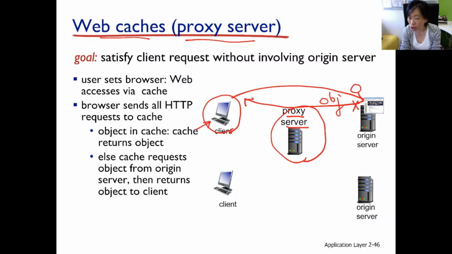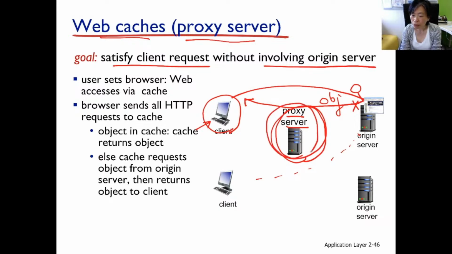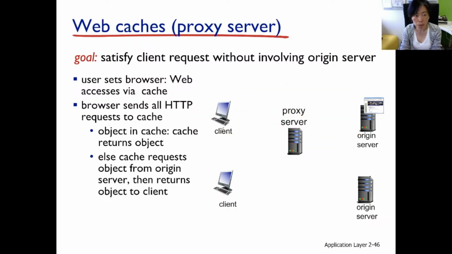But in web caches, the goal is to satisfy some client requests such that no involvement of the original server is required. So some of the clients don't need to reach the original server to get the object. This is done by keeping a copy of the object somewhere in the middle at the proxy server. The way it works is this. Users set the browser such that for all web access, it goes through the web cache.